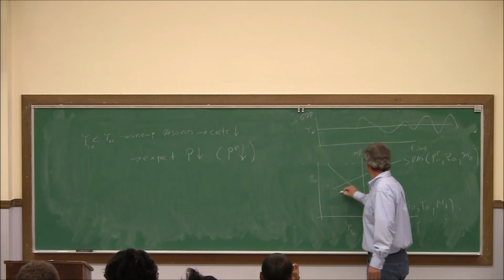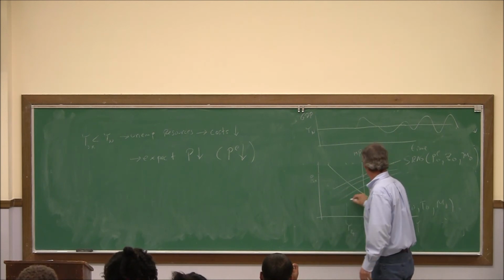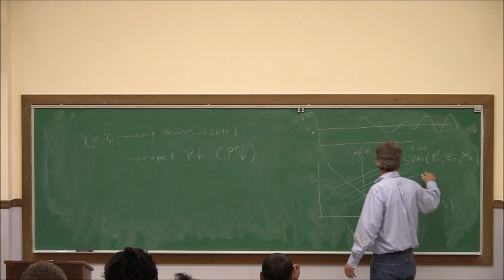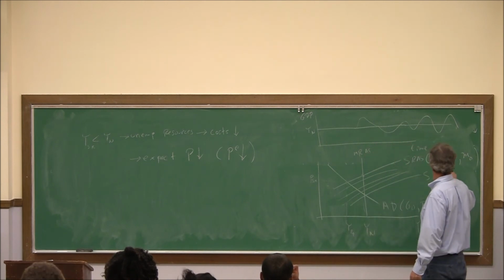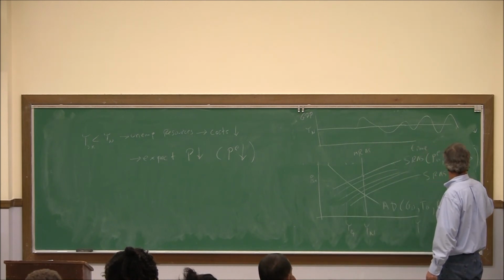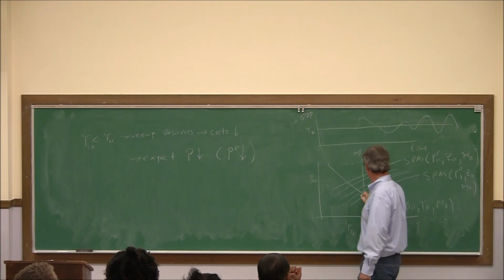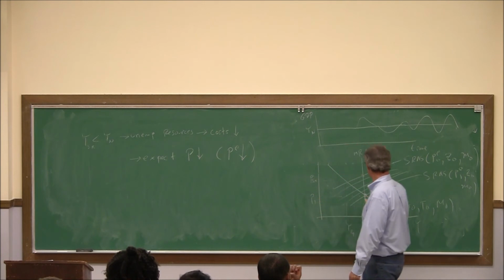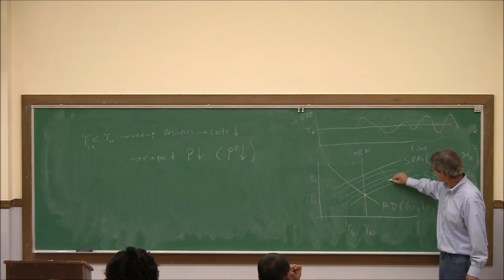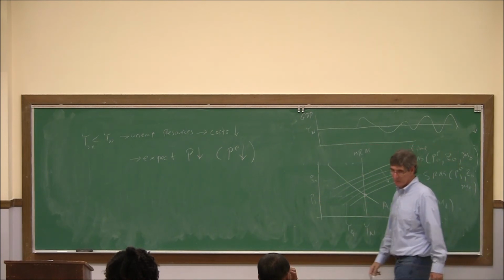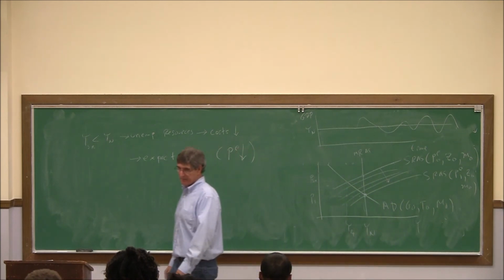As that happens, the supply curve starts shifting in until you get to a new short run AS PE1, Z0, M0, where this point here would be P1. That's where your expectations are correct. So we expect the supply curve to move in that direction.